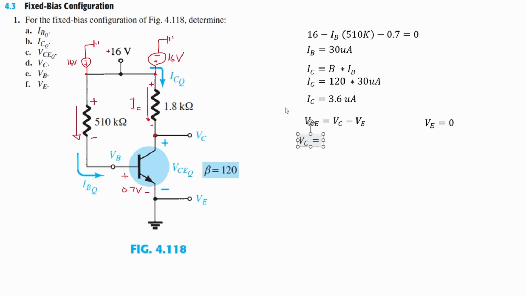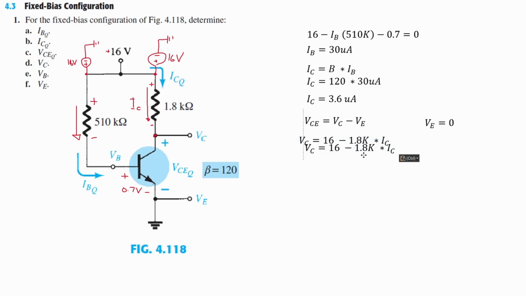So, paano natin i-solve ang VC? VC is equal siya sa, start sa 16, minus, kung ilan yung voltage across this resistance. So, ano nga yung formula ng voltage? Resistance times current. So, resistance, 1.8K times IC. Okay?